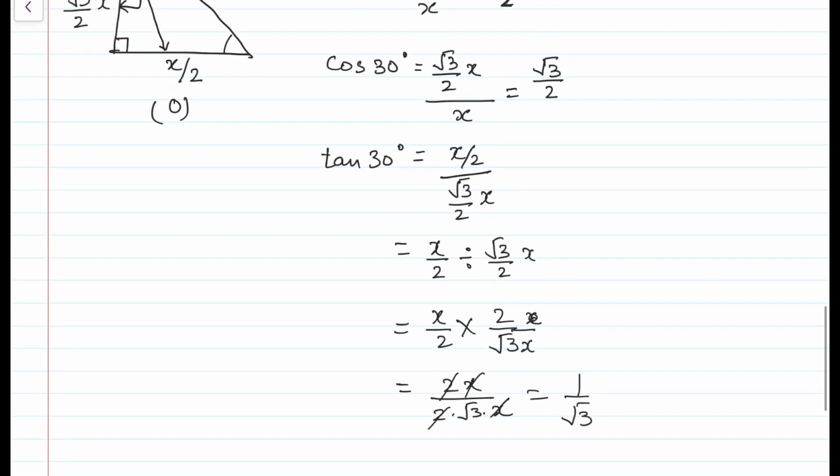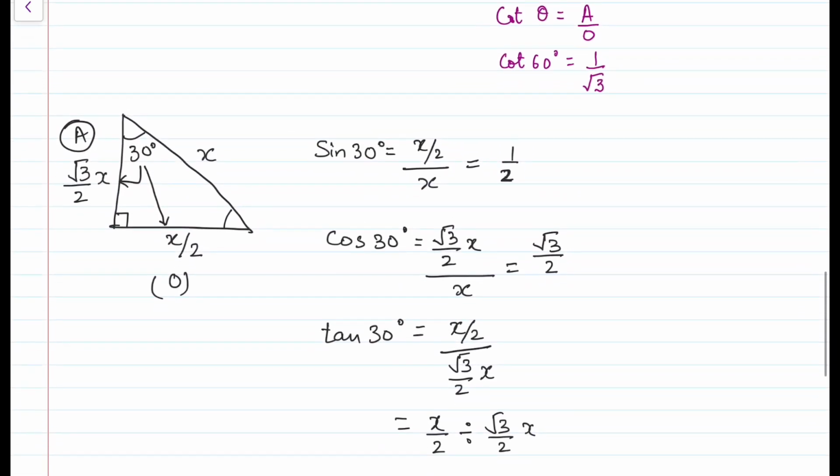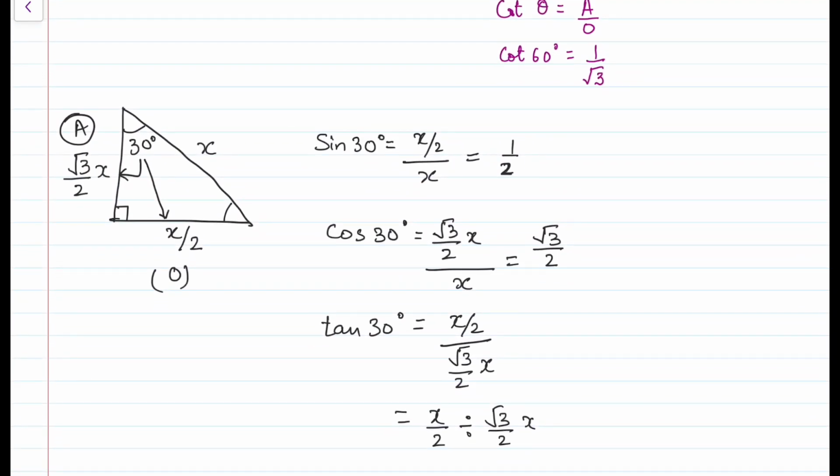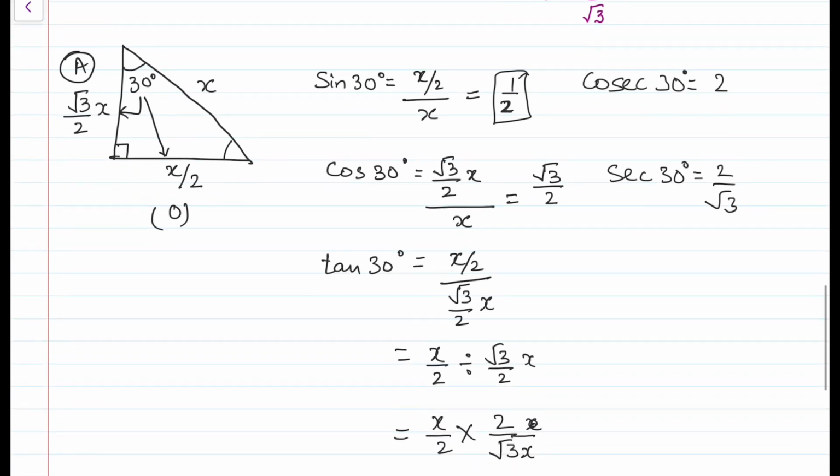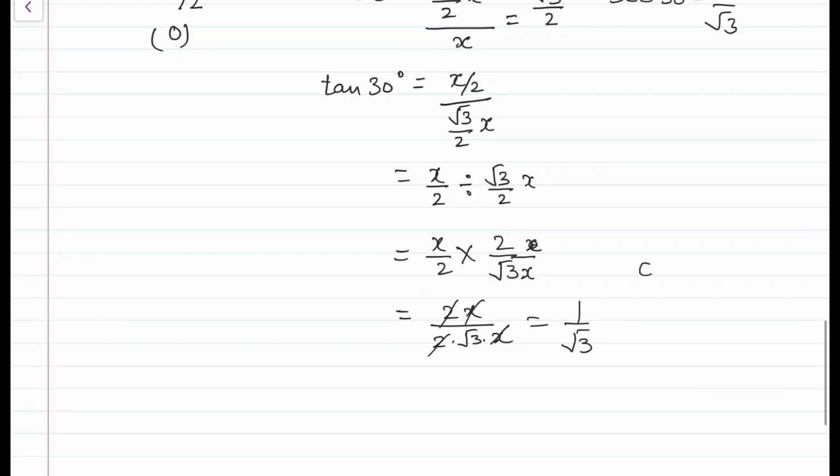All right, so now let's find the reciprocal functions. So cosec 30 degrees is equal to 2, because we are just going to do the reciprocal of the sine function. Sec 30 degree is equal to 2 over root 3, and cot 30 degree is equal to root 3.